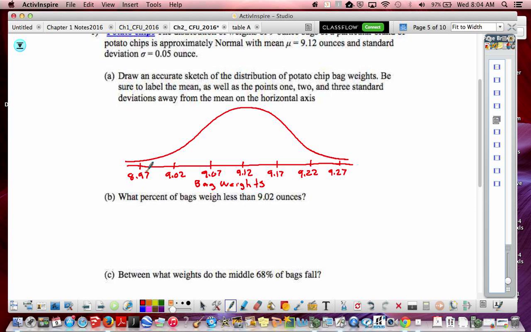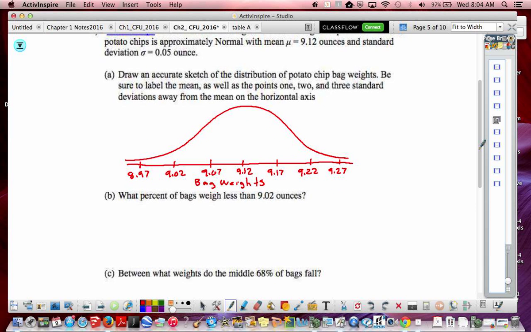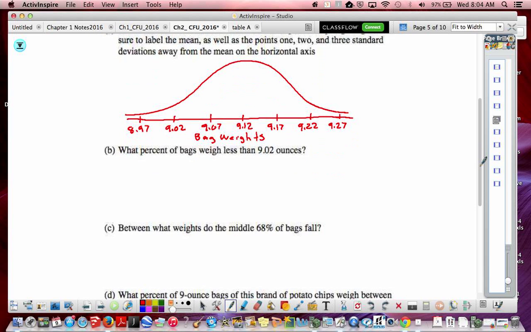So now, in the rest of these problems, we're going to use the 68, 95, 99.7 rule to answer these questions. If you remember that, that's 1 standard deviation, 2 standard deviations, 3 standard deviations. What I'll tell students to do is, 1 standard deviation, this is the middle 68%.